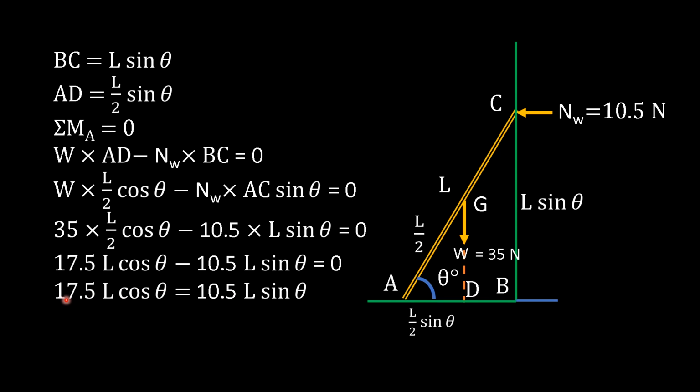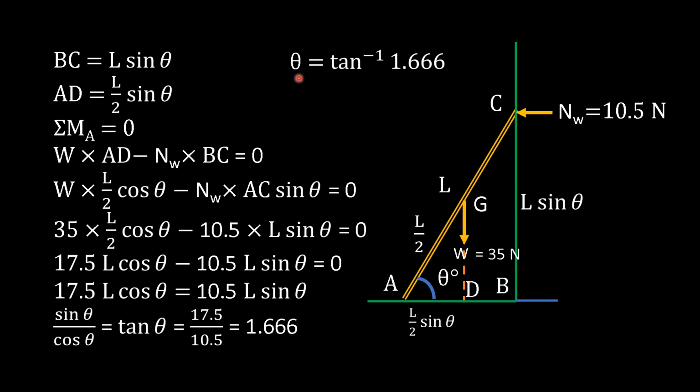So we get 17.5 L cos theta equals 10.5 L sin theta. We will take sin theta divided by cos theta equals tan theta. So that will be 17.5 divided by 10.5, which will be 1.666.